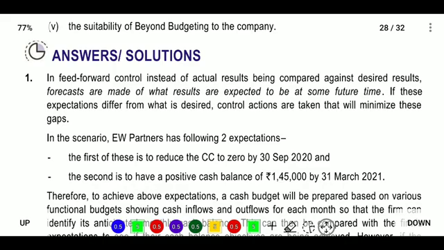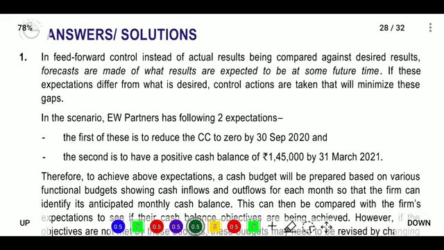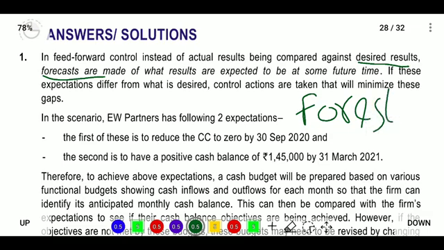What is provided in the answer? In feed forward control, instead of actual results being compared against desired results, forecasts are made. So what do we make? Forecasts. Forecast means what?